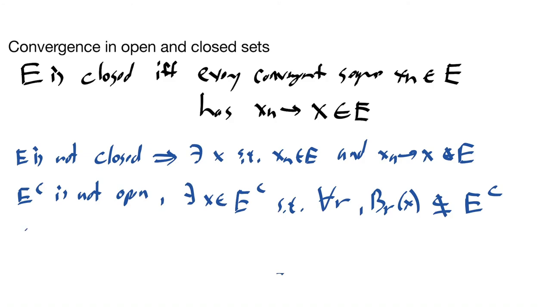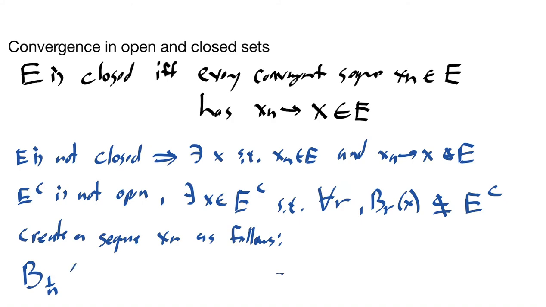And so what I will do is now create a sequence x_n as follows. The ball of radius 1 over n about x is not a subset of E complement, so there exists a point.